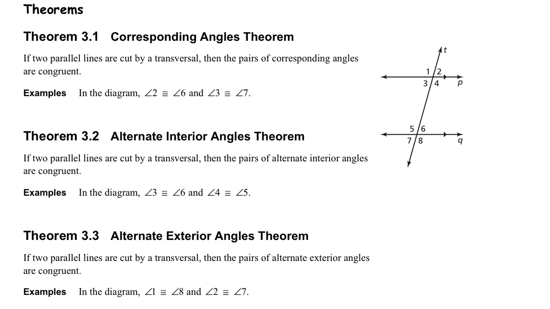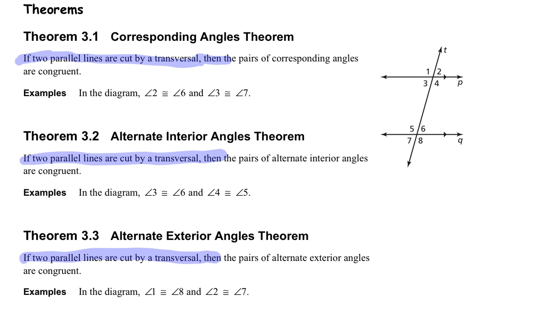Now, I'm going to stop at those three. If you have any of those three, the idea here is if two parallel lines are cut by a transversal, I'm going to highlight that. So if two parallel lines are cut by a transversal, then we can say the corresponding angles are congruent, the pair of alternate interior angles are congruent, and the pairs of alternate exterior angles are congruent.